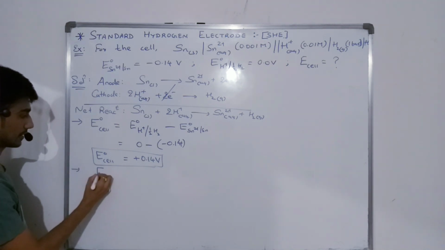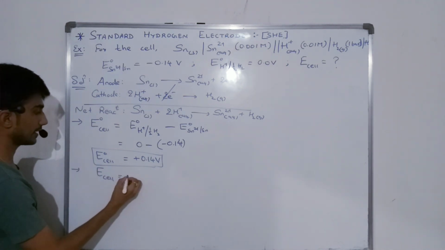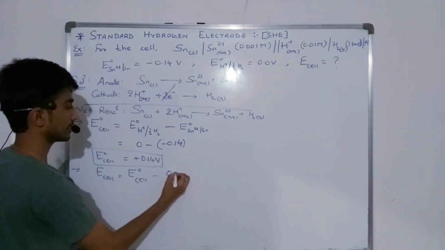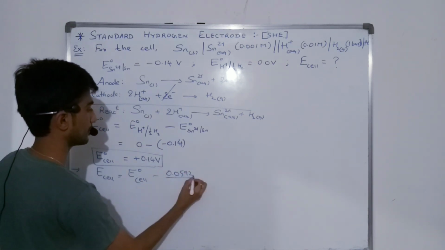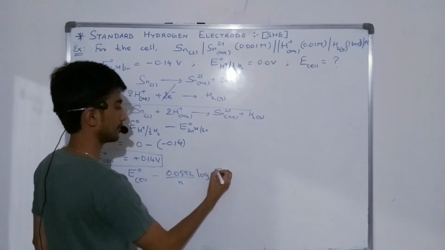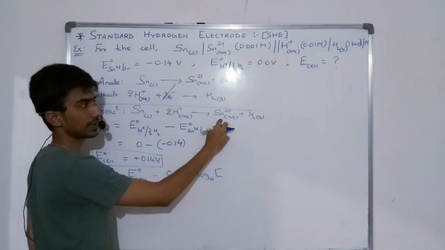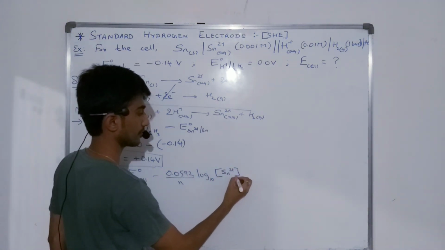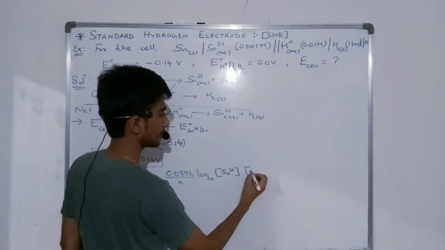Next, cell potential, E cell equals E naught cell minus 0.0592 upon n log base 10 of concentration of products. Over here products are Sn2 positive and hydrogen gas.